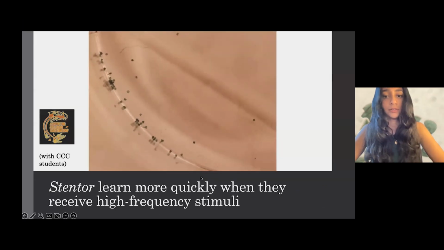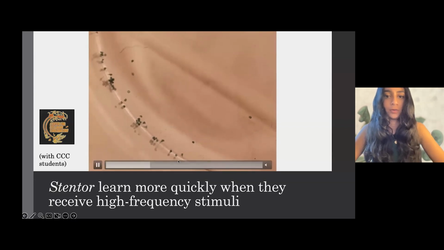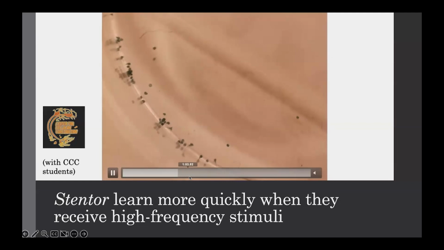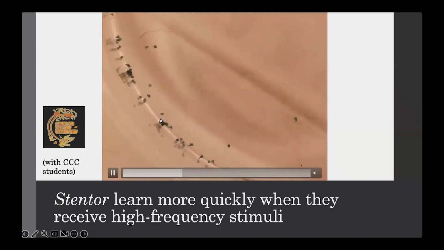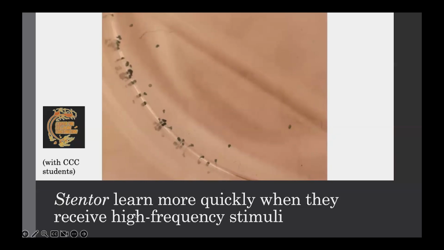And normally it takes the cells 30 minutes to 60 minutes to fully habituate. But in this video I'm showing you, we're under a minute now, and some of the cells are already habituating. For example, this one here is re-extending, is no longer contracting in response to the force.